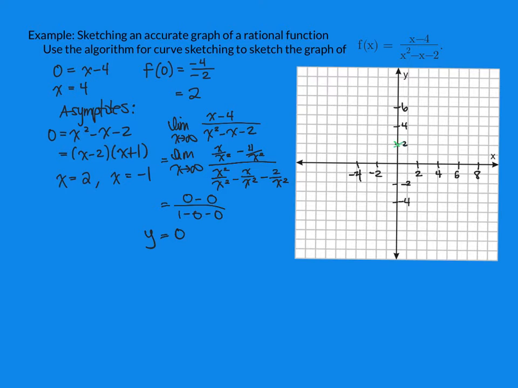So we have a y-intercept of 2, we have an x-intercept of 4, and we have asymptotes at x equals 2 and x equals -1. And then, of course, we know that the axis is going to be our horizontal asymptote.